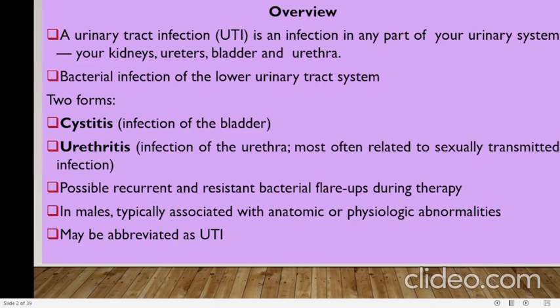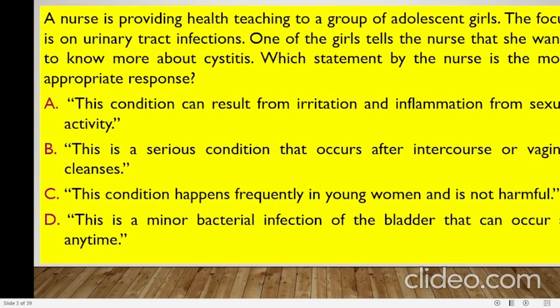So there's possible recurrent and resistant bacterial flares during therapy. In males, it is typically associated with anatomical or physiological abnormalities. It may be abbreviated as UTI. So when you hear of UTI, guys, know that you're talking about urinary tract infections.